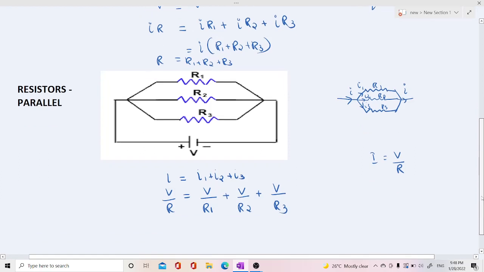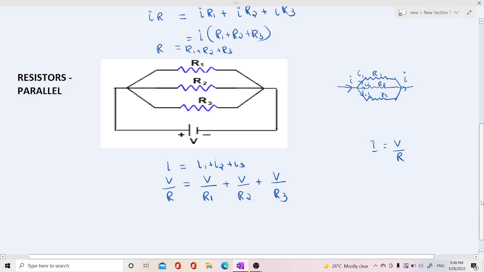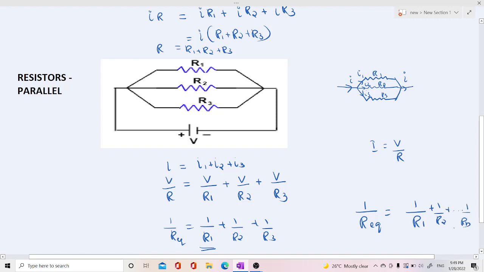So when we write this equation, we can cancel this V in both left hand side and right hand side. Therefore, cancelling this V, we can write 1 by R is equal to 1 by R1 plus 1 by R2 plus 1 by R3, that is 1 by R equivalent. And if we have n number of resistors, the total resistance 1 by R equivalent is equal to 1 by R1 plus 1 by R2 plus etc. up to 1 by Rn.